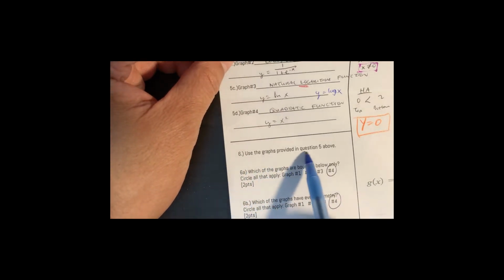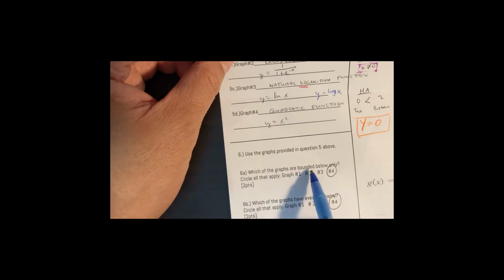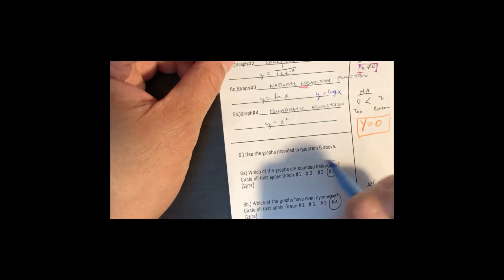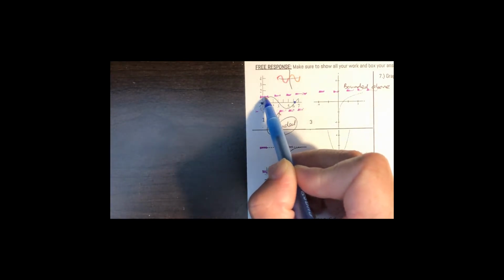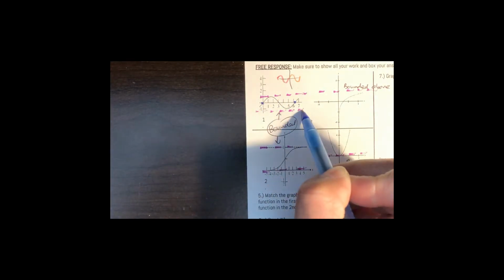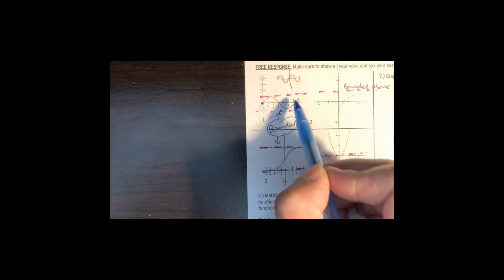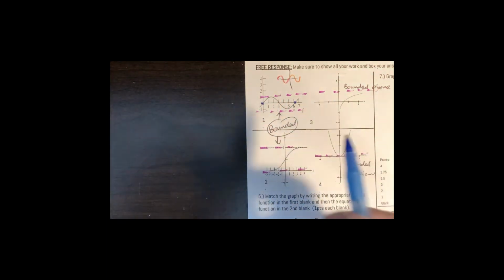Use the graphs provided in question 5 above. Which of the graphs are bounded below only? So here, this one is bounded because it keeps oscillating, which means it keeps bouncing back and forth. So this is bounded above, bounded below. This one is bounded. Bounded means both.